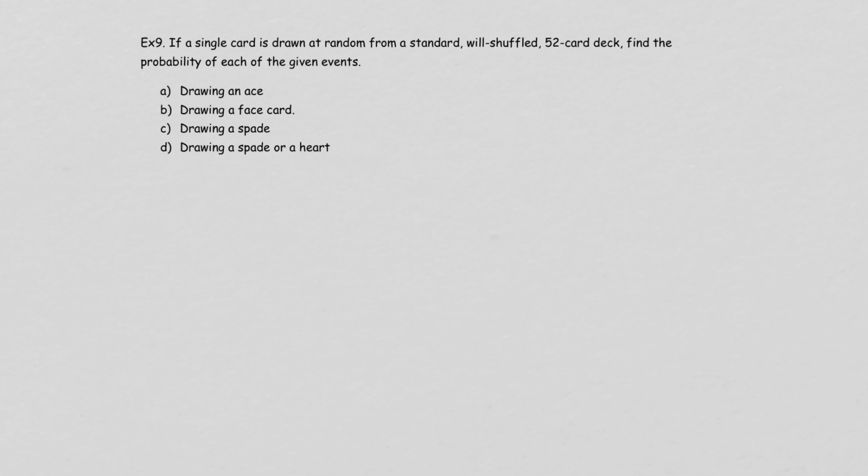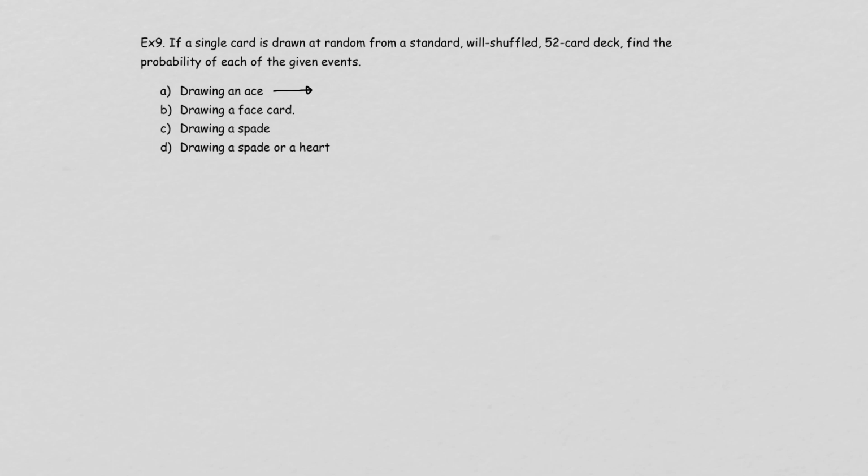Example 9, which is the last one from this section, is asking, a single card is drawn at random from a standard deck, which is 52 cards. Find the probability of each. So don't forget, we're looking for probability, not the percent. So it should be the decimal form or fractions. The first one is asking the probability of drawing an ace.